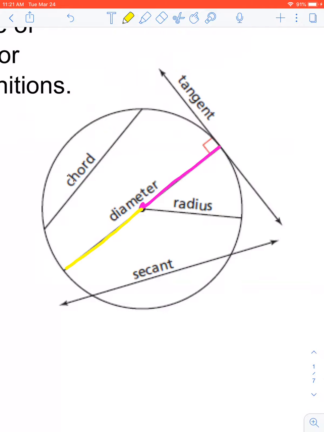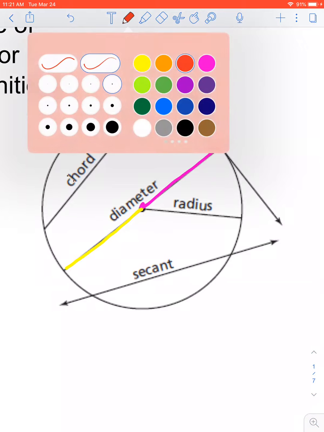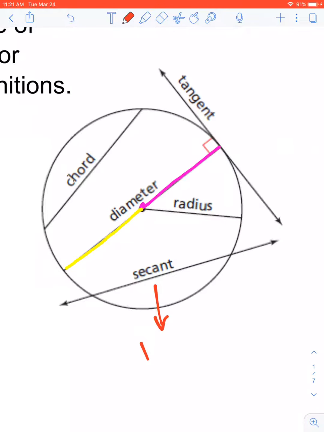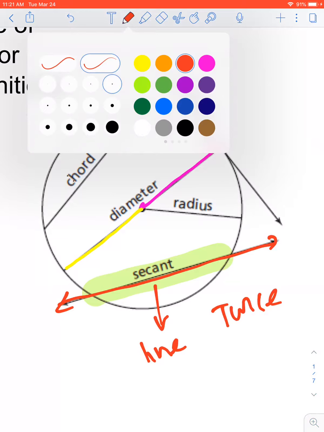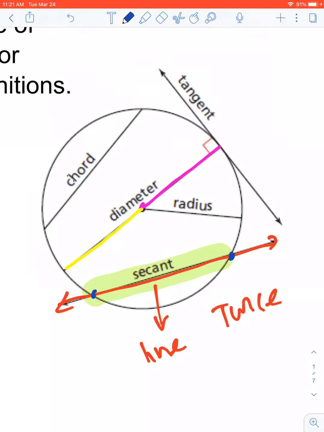Next, we need to talk about a secant. A secant is a line that goes through the circle and hits the circle twice. Now, it does contain a chord. This piece of it right in here where I have endpoints on the circle, that is a chord.